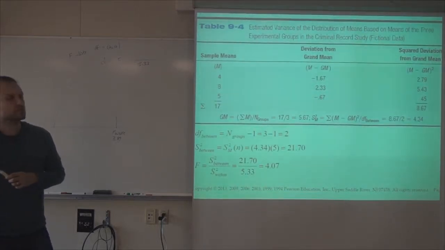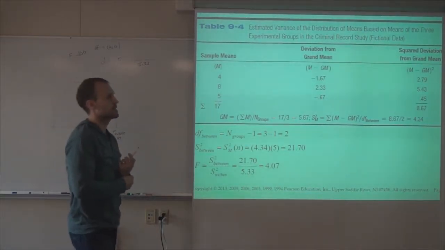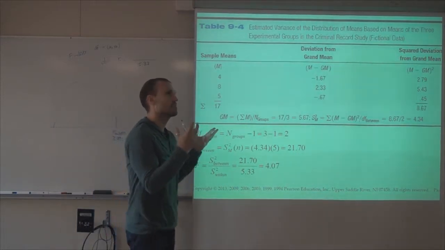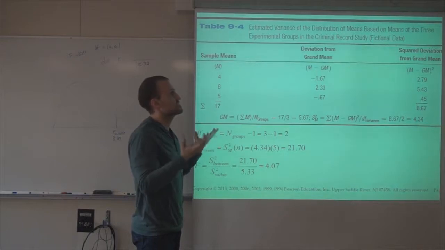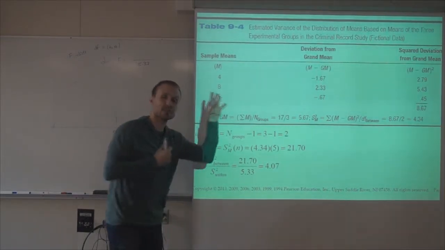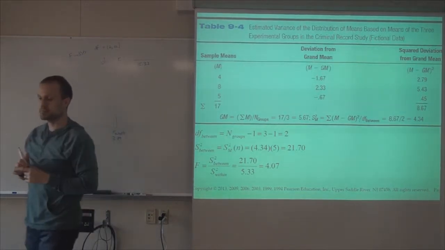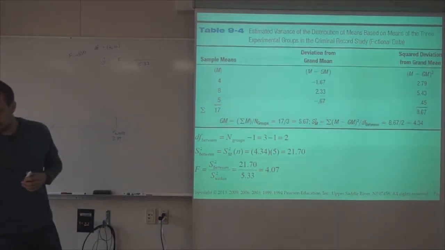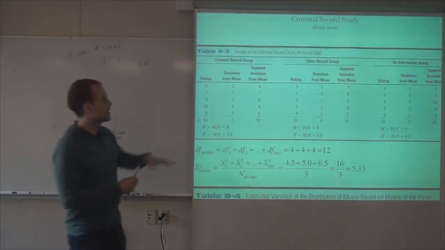Now, what do I do for the between groups variance estimate? I'm going to pretend it's a new, different sample. What are the sample values? It's the means from each of my original samples, so I'm going to have 3 of them: a 4, an 8, and a 5.